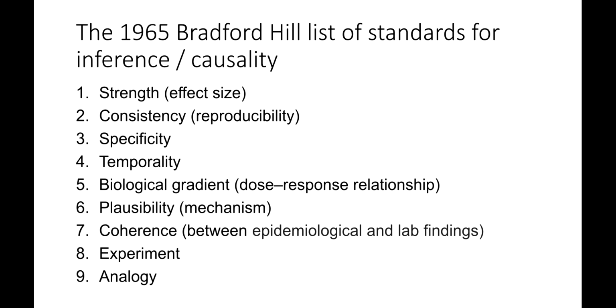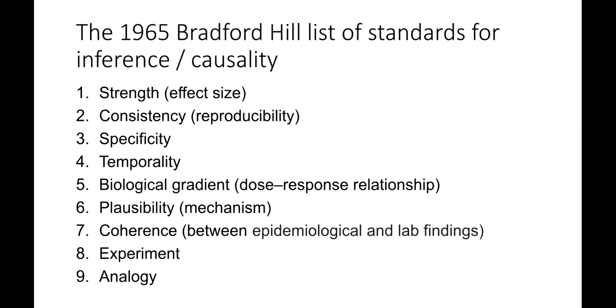Temporality is a fourth criterion, which means that one needs to occur before the other. So the exposure and the outcome are not occurring at the same time. So the exposure occurs first and then the outcome. One is a lot more confident in the causality if the exposure occurs before the outcome.